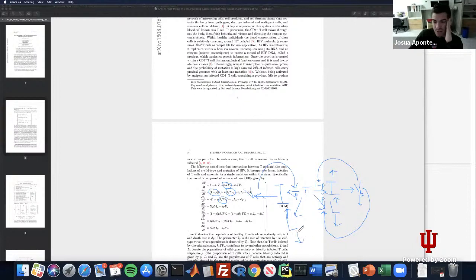So this is basically the arrow diagram of the whole system. You have two types of viruses, and then they can infect the same target cells. The type the cells become depends on the virus that infected them.